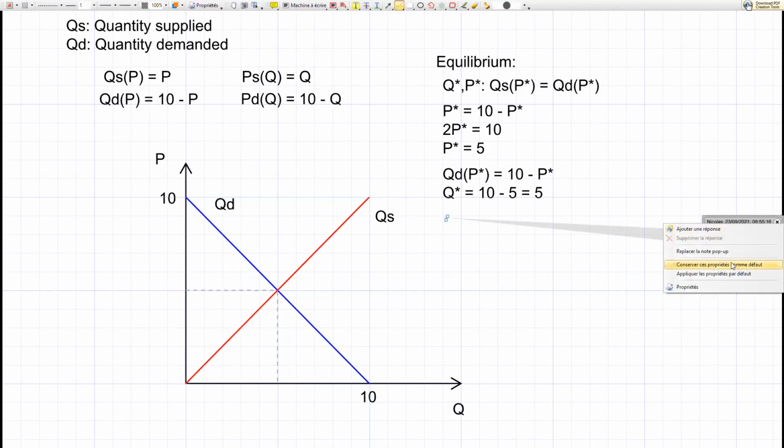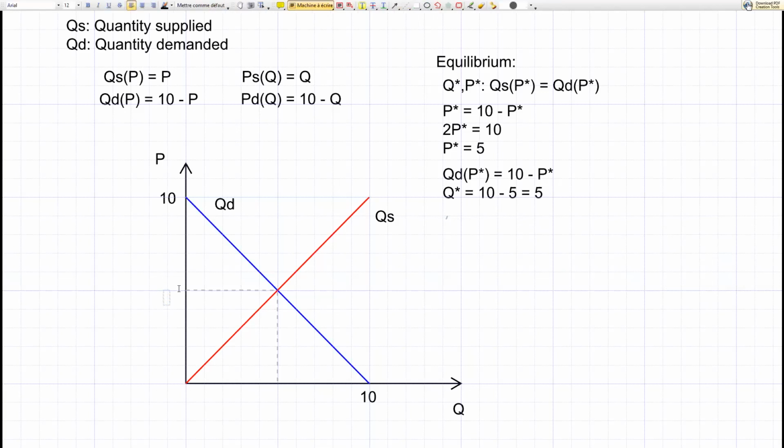Thanks. Oh, how do I get rid of this? Okay, good. So here I have 5 and I have 5. This is Q star, P star. So that's how you solve a numerical example.